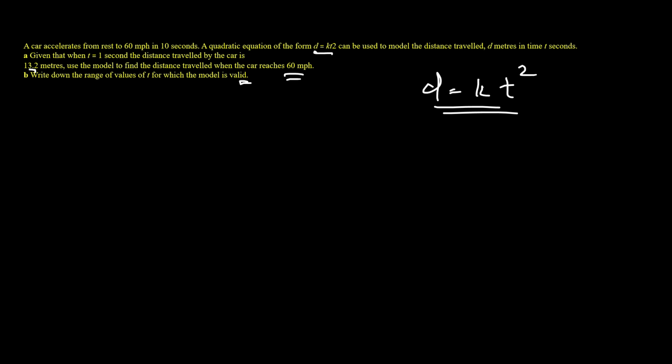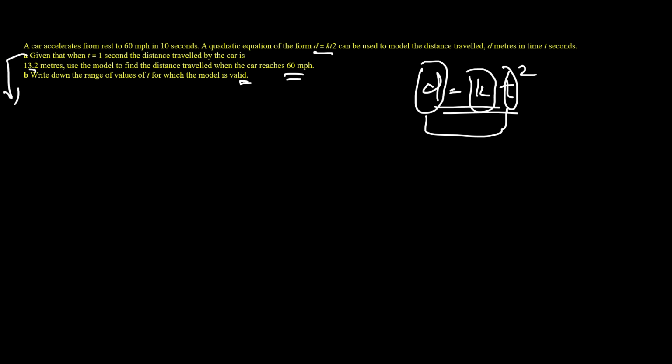So to find the distance traveled by the car when the speed reaches 60 miles per hour, we first need to find the value of this k. And to find the value of this k, we need to know a value of d and t, which is given in this part.